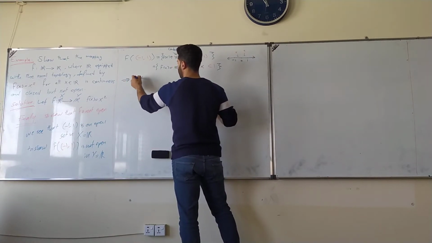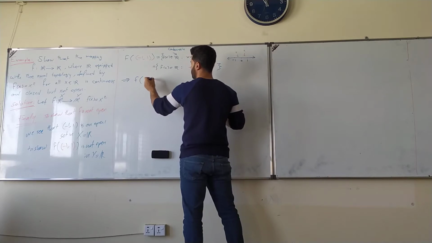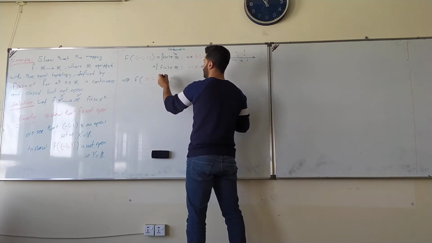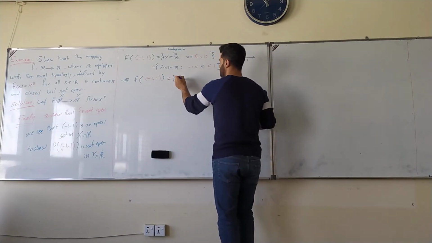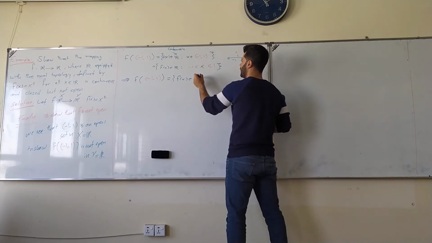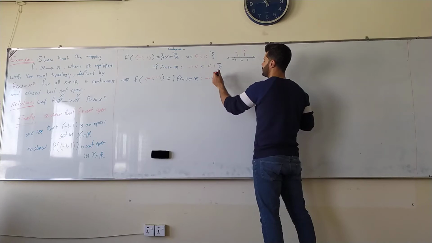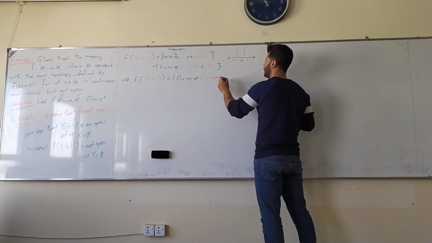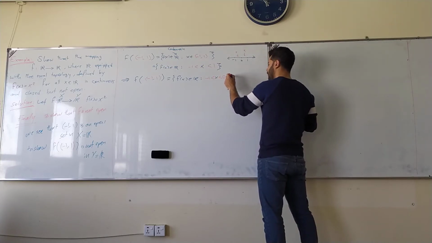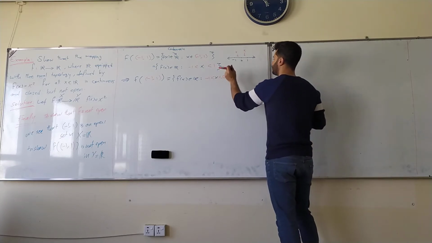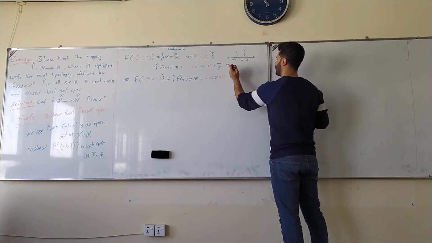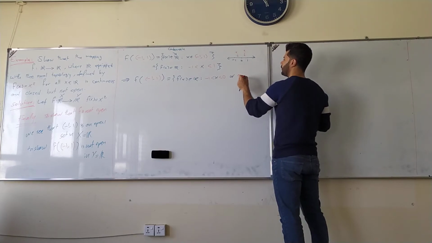This implies that f of -1 to 1 equals f of x belongs to R such that -1 less than x, which is less than 0, or 0 less than or equal to x, which is less than 1.